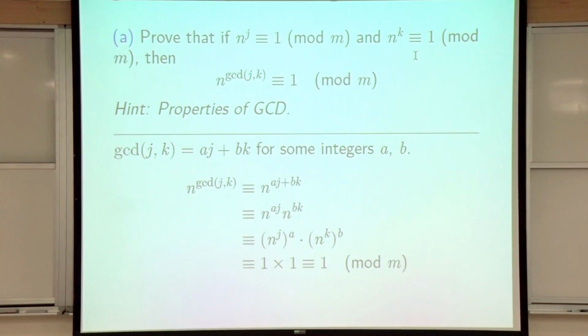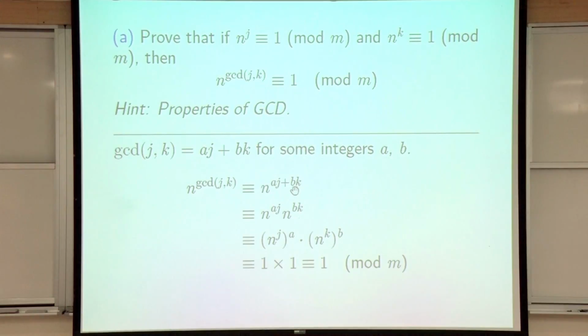So for part A, prove that if n to the power j is congruent to 1 mod n and n to the power k is congruent to 1 mod n, then n to the power GCD(j,k) is congruent to 1 mod n. By the property of GCD, we know that GCD(j,k) is equal to aj plus bk for some integers a, b.